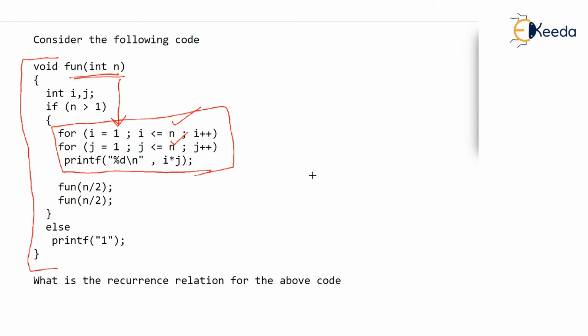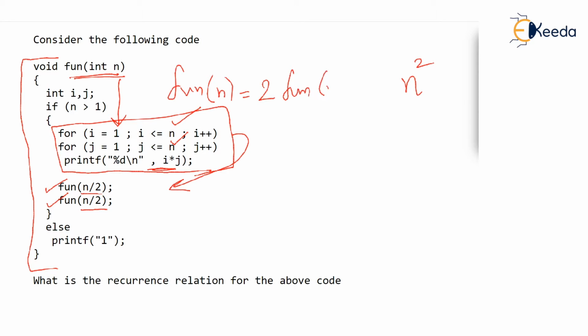So this printf is surely going to run n square times. And then after doing this much work of n square times, there are two recursive calls. Fun calls itself with parameter n by 2 and fun calls again itself with parameter n by 2. That means we can write fun when called with parameter n repeats the recursion two times with the parameter n by 2, added with that n square work done by the nested for loops.